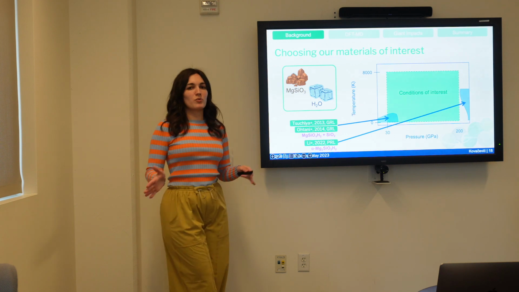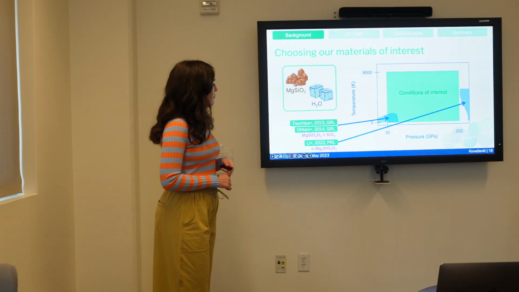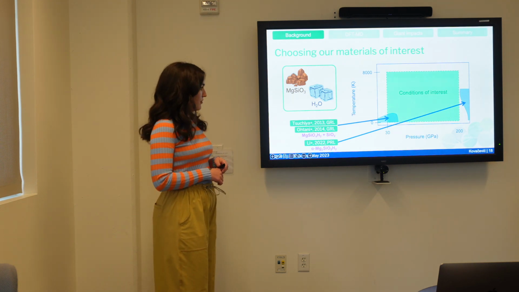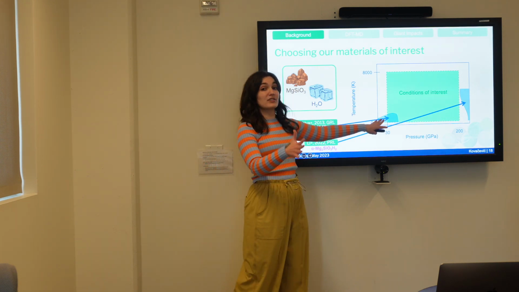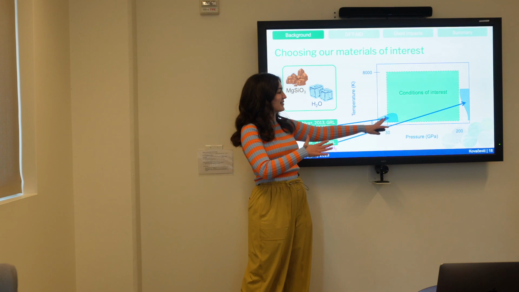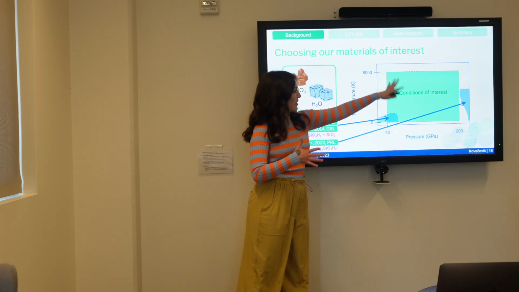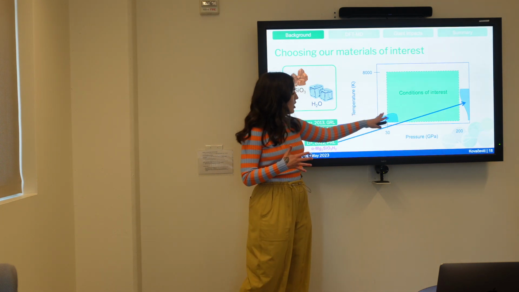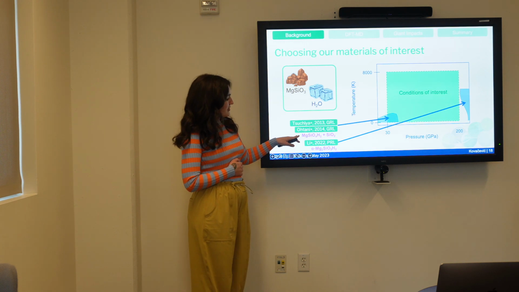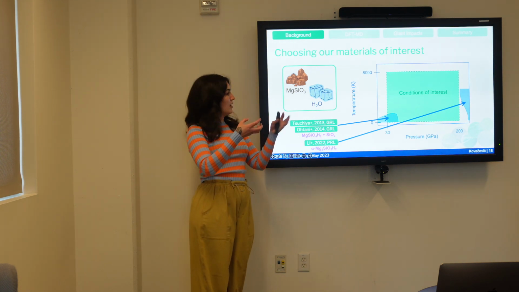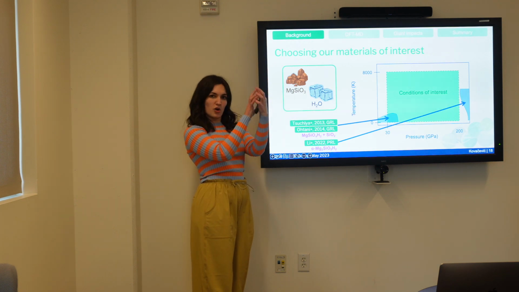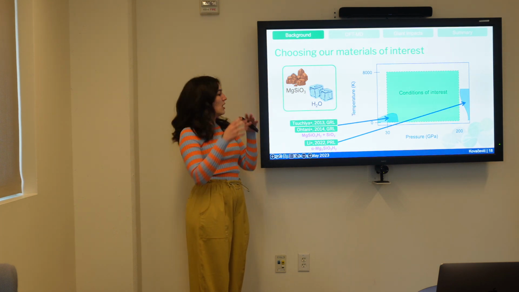Again, I'm not the only one looking at rock-ice mixtures. There have been other high-pressure phases found. Relative to the work we're looking at here, these are relatively low-pressure phases, even though they are still high pressures. Compared to our conditions of interest, we have some low-pressure phases of these hydrated magnesium silicates. That means this MgSiO3 and H2O are incorporated into one crystal.